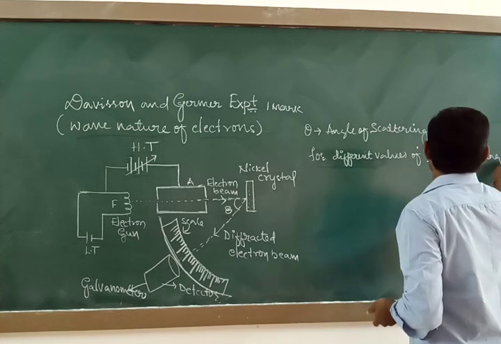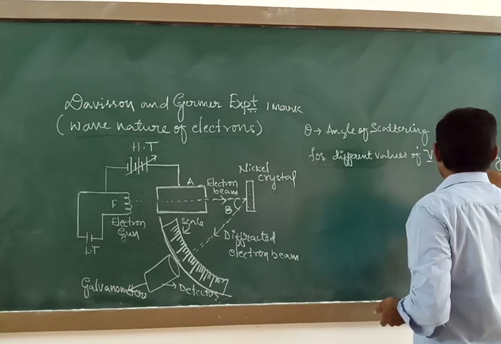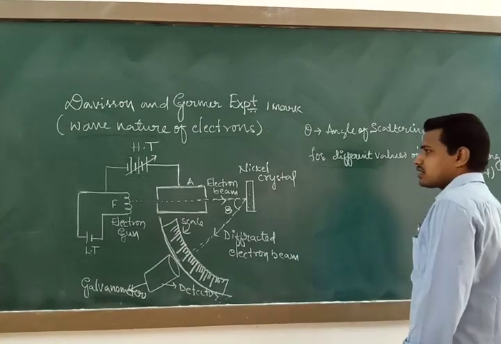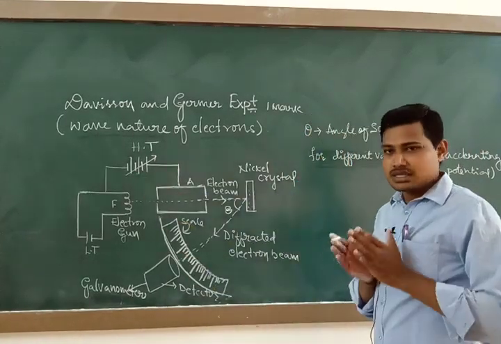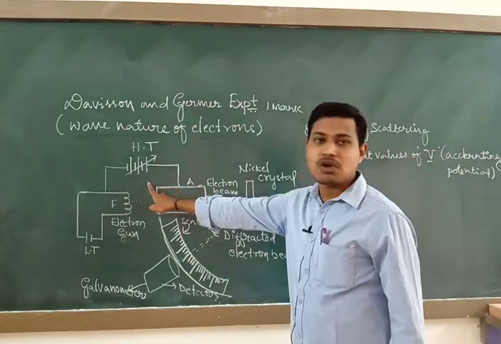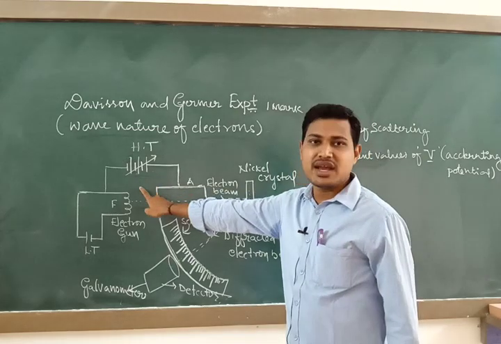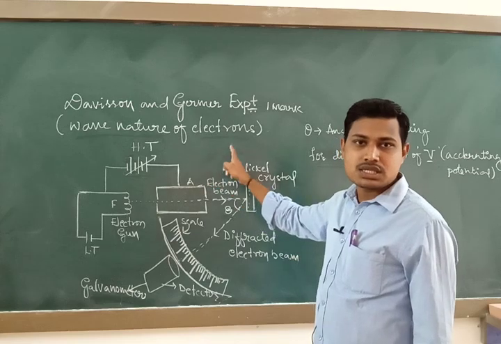So please go through this. The electron gun emits the electrons, and these electrons are accelerated with the help of the high tension power supply, which is purely variable. I can set various values of potential, say 40 volt, 50 volt, 55 volt, 60 volt, like that.